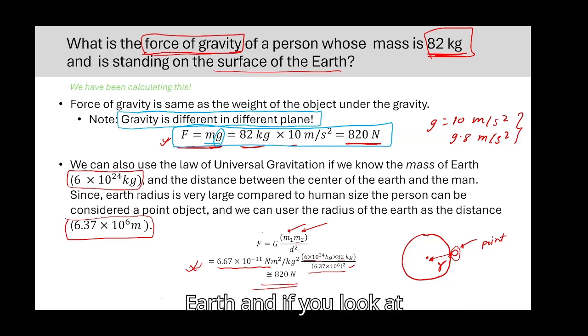If you look at other planets or moons, the gravity will be different, and you have to use the appropriate acceleration due to gravity if you are calculating on different planets.